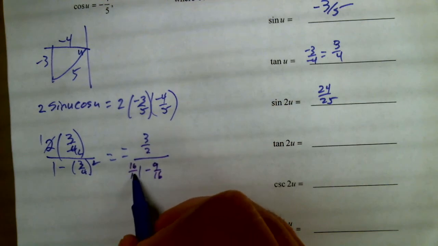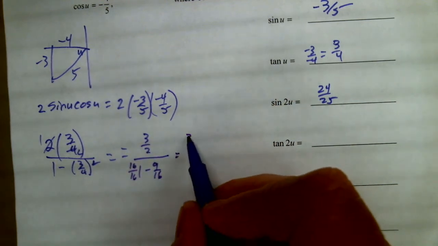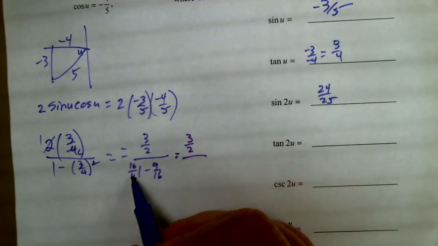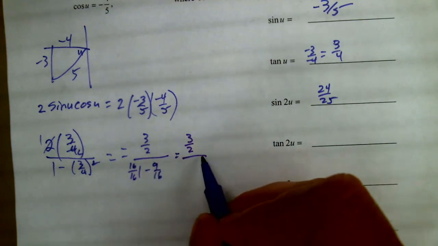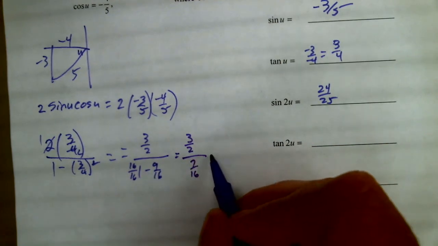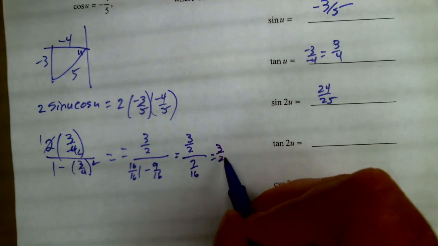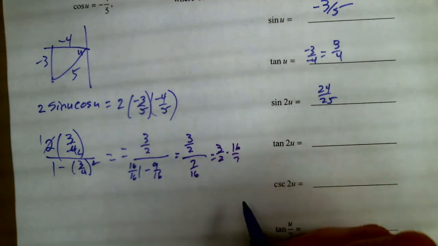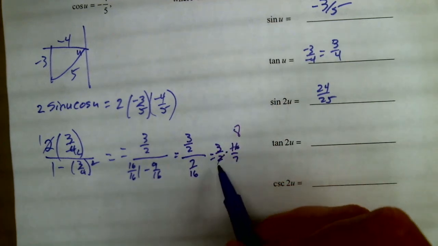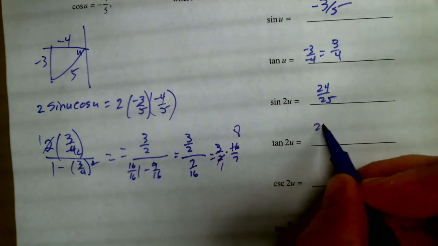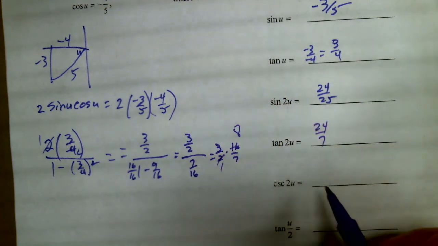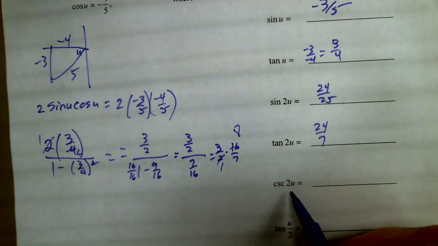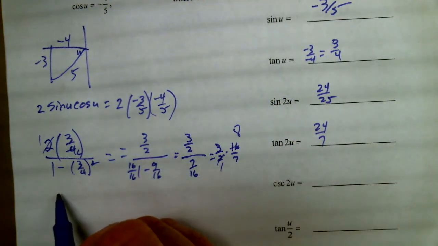If I write my 1 as 16/16, I get 3/2 over 16 minus 9 is 7/16, which is the same as 3/2 times 16 over 7. Simplify, I get 24/7.